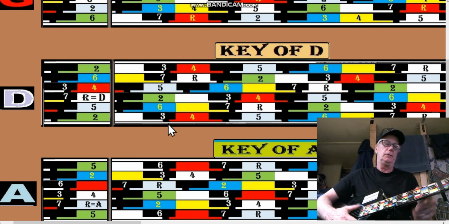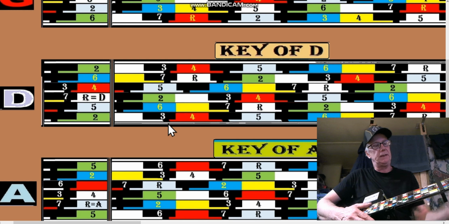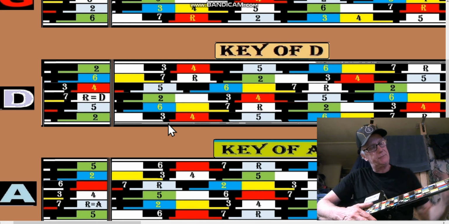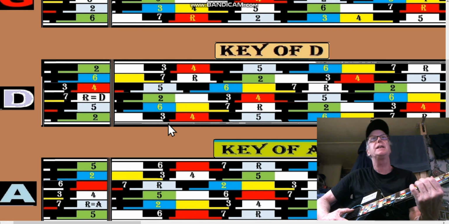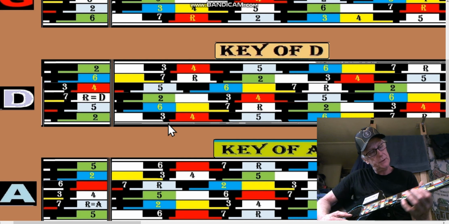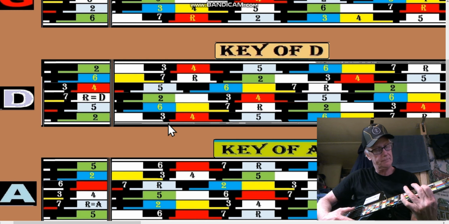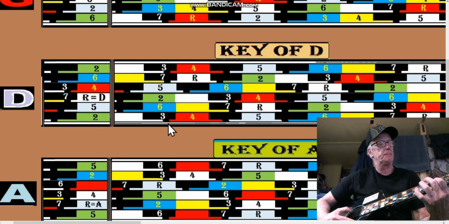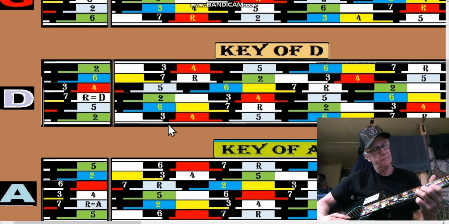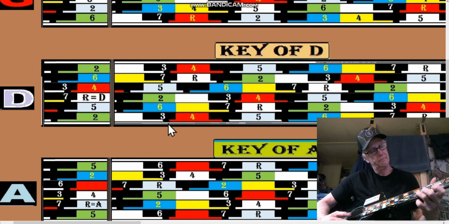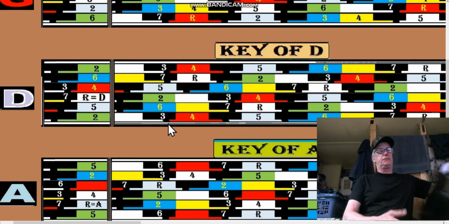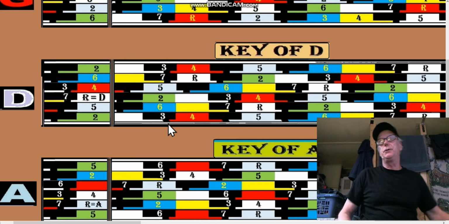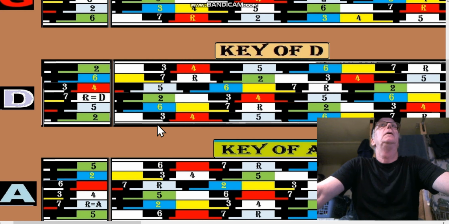So again, below C would be a D shape, and I could play that from here. This was the C one, right? The C one goes like this. But the D shape would be, yeah, the third of D is F sharp. You can't do it with the fret nut there.